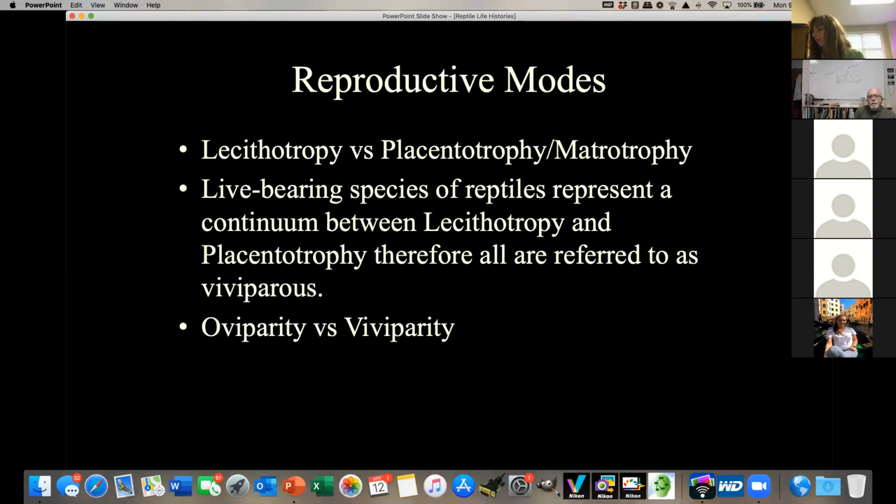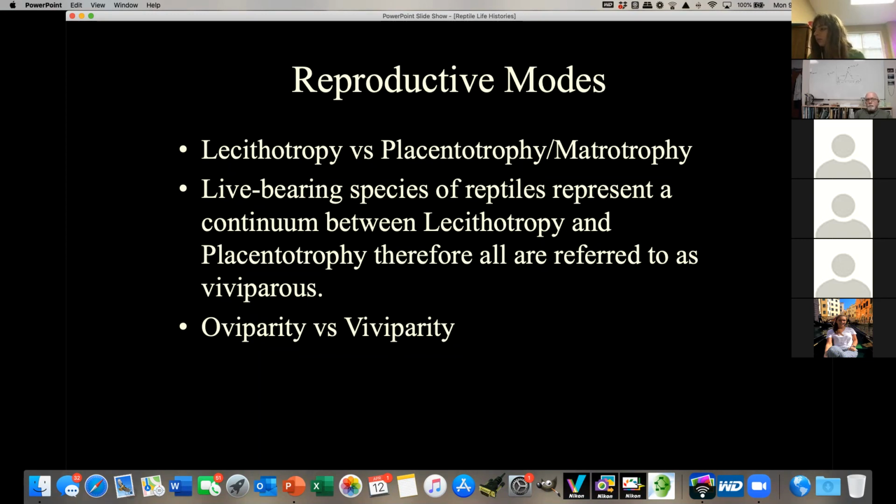All right, we can think of reproductive modes in much the way we think of reproductive modes in the amphibians. We have lecithotropy versus placentotropy or matrotropy. It just refers to how the developing embryos are being nourished.